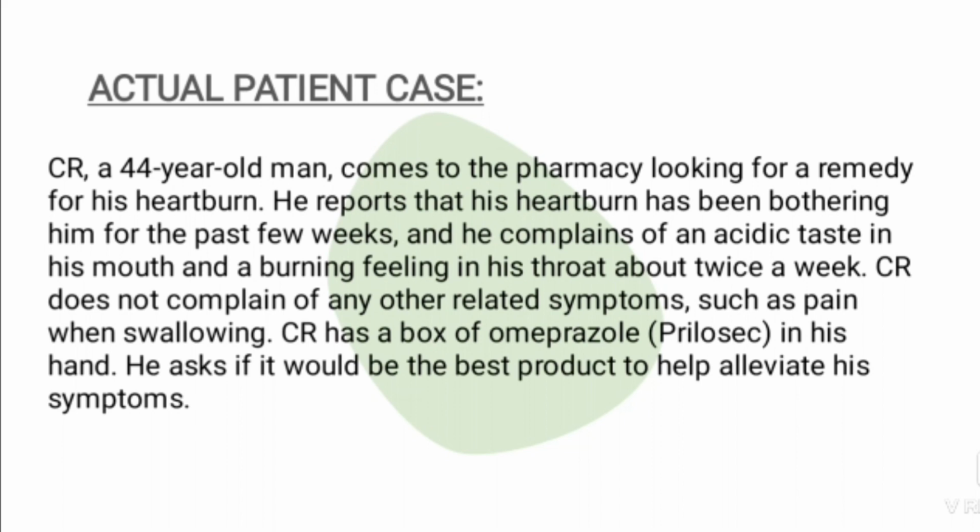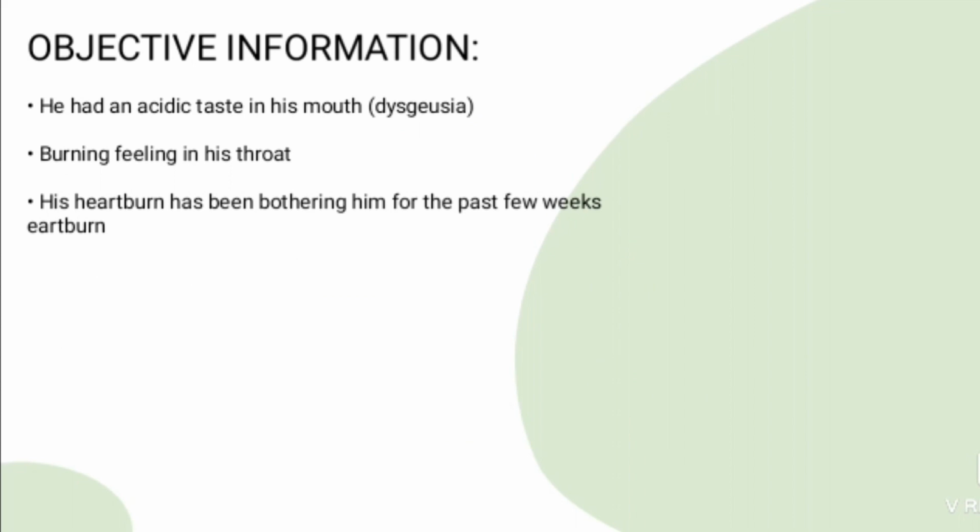CR does not complain of any related symptoms such as pain when swallowing, and he has a box of omeprazole in his hand. He asks if it would be the best product to help alleviate his symptoms. The objective information of the patient is that he had an acidic taste in his mouth, a burning feeling in his throat, and his heartburn has been bothering him for the past few weeks.